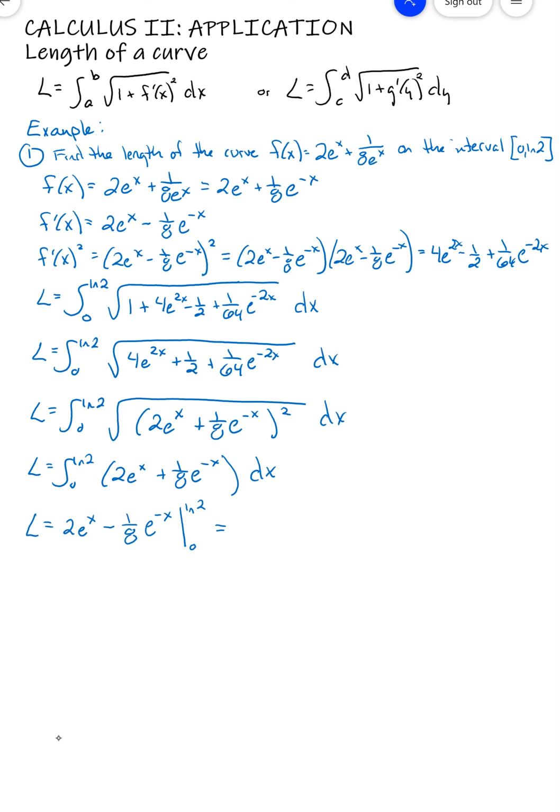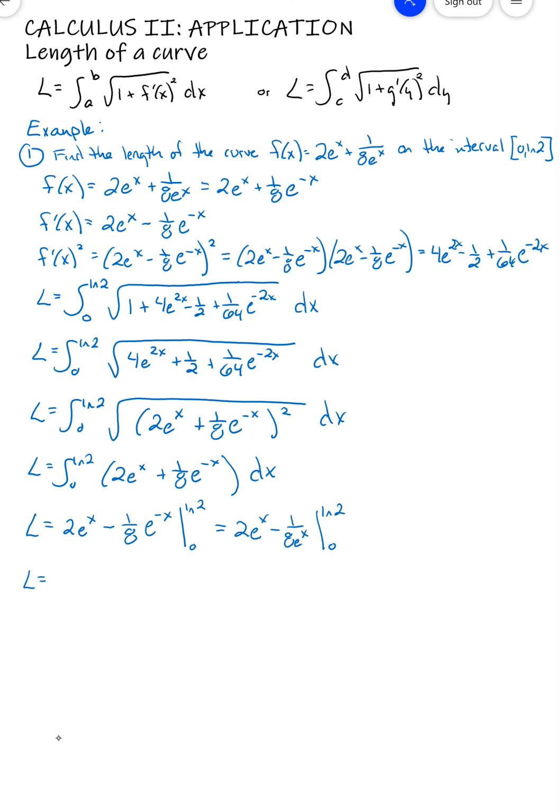Now, I'm not real crazy about evaluating negative exponents, so what I want to do is write that as 1 over 8e to the x. So now I don't have a negative exponent. Makes it a little easier to evaluate.